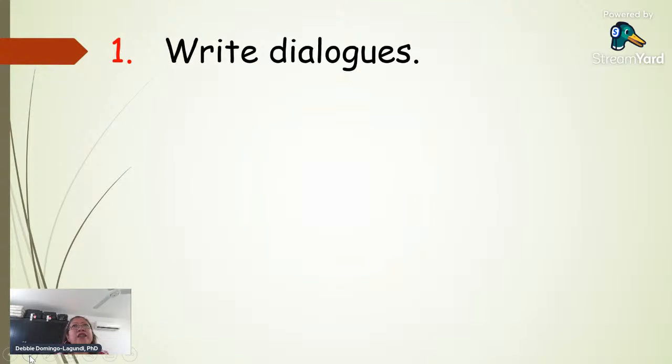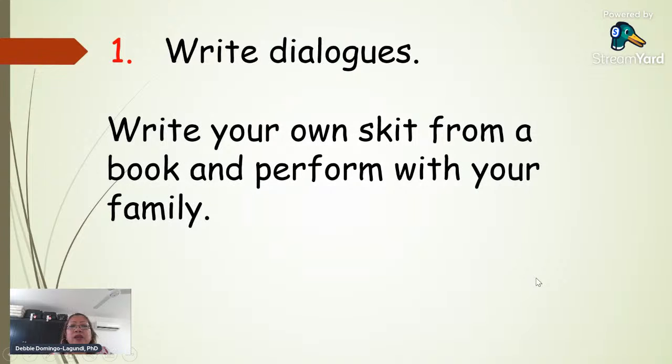Number one, write dialogues. What are dialogues? You can write your own skit from a book and perform with your family because you are practicing the language. You want to learn more about the language.